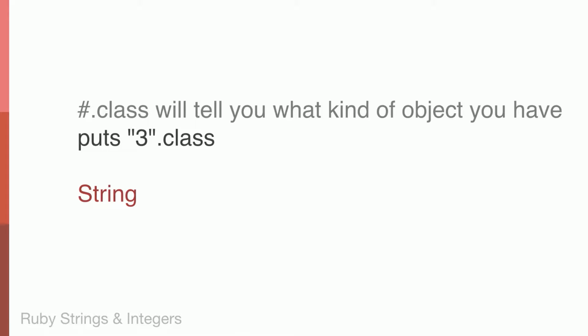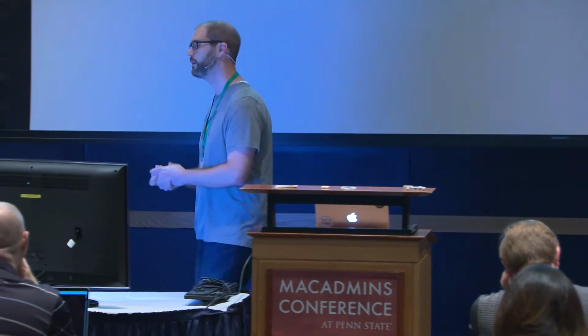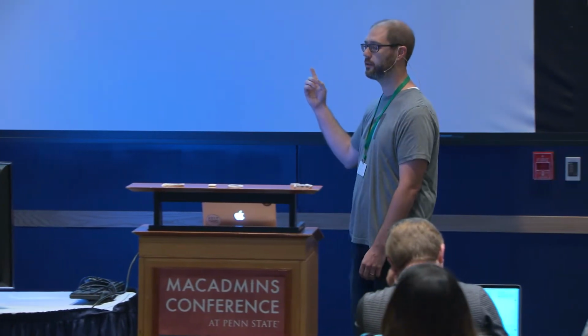I do this all the time when I'm dealing with code and I'm trying to run something and it's giving me an error back, and I'm like, but I'm running this method on this object, and Ruby says, well, yeah, but you've got the wrong object. So in this case, you've got "3".class, and Ruby says, yeah, this is a string. This is not a number. And that's helpful, because now that I know I have a string, I can ask Ruby, what can I do with strings?